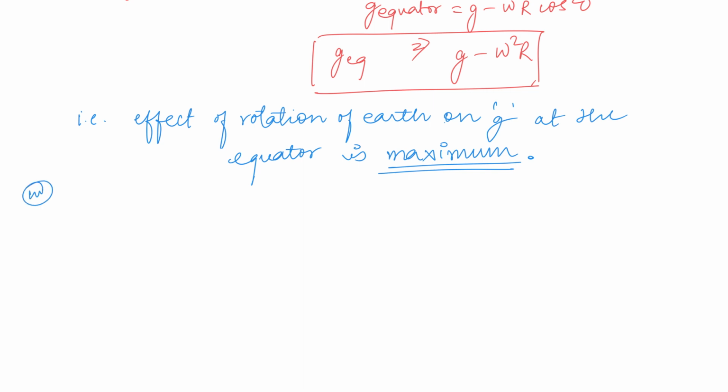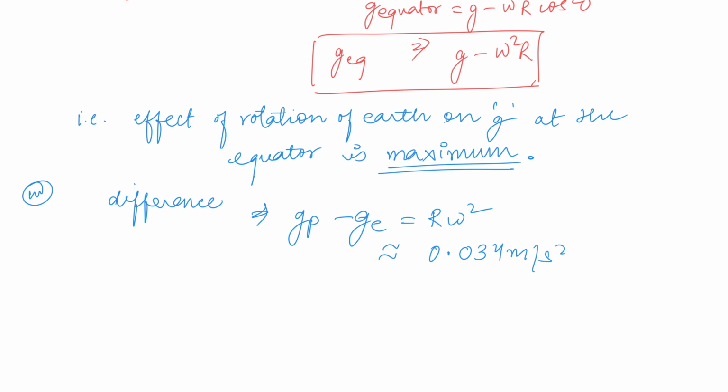Now let's see the difference between g pole and g equator. So this will be R omega square, and its value comes nearly 0.034 meter per second square.